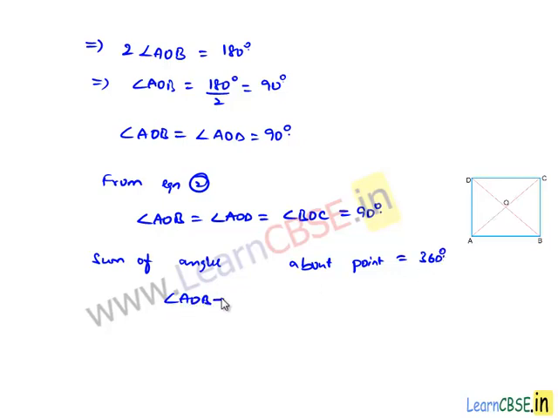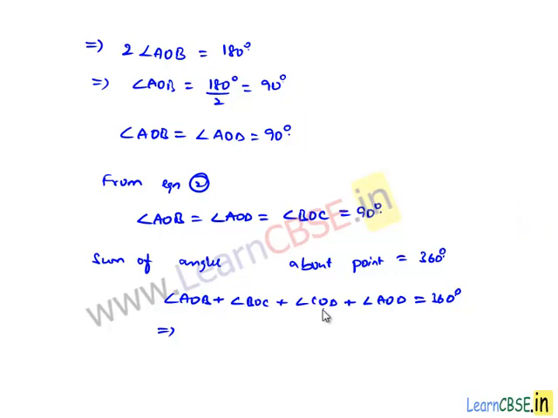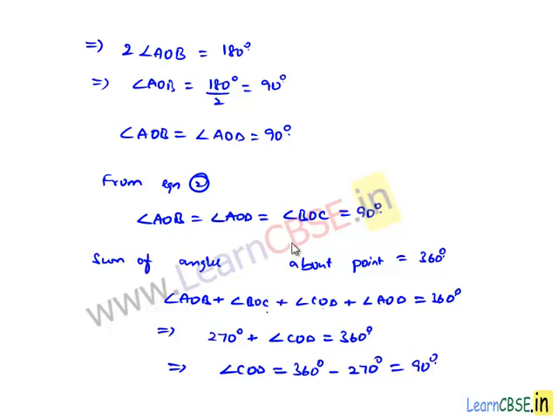We can say angle AOB plus angle BOC plus angle COD plus angle AOD is equal to 360 degrees, which implies here we have AOB, AOD and BOC as 90 degrees. So we can say 3 times 90 degrees, which is nothing but 270 degrees, plus angle COD is equal to 360 degrees. That implies angle COD is equal to 360 degrees minus 270 degrees, which is nothing but 90 degrees.